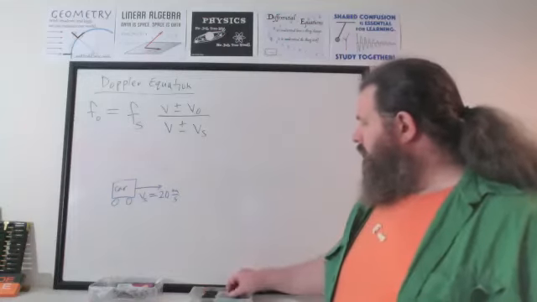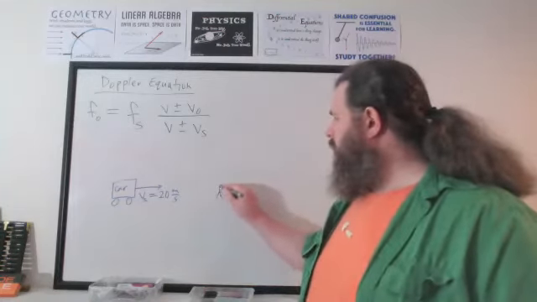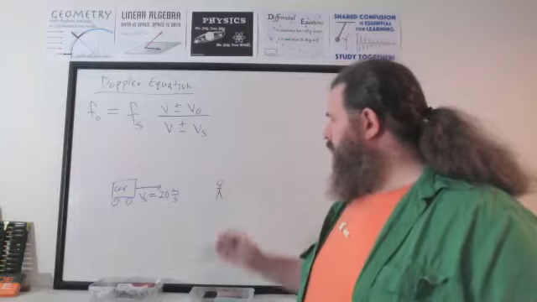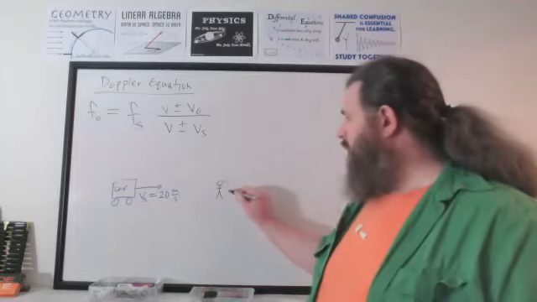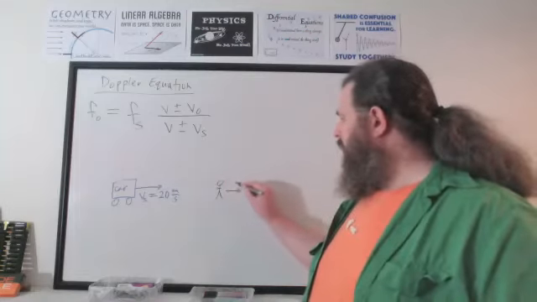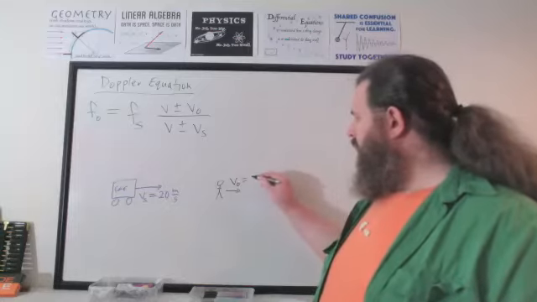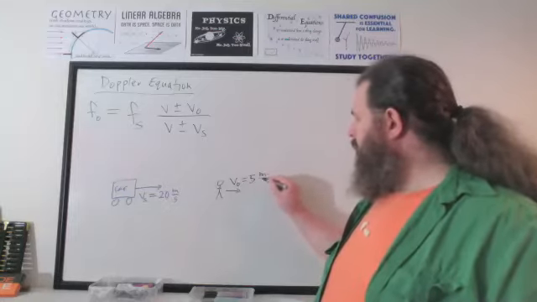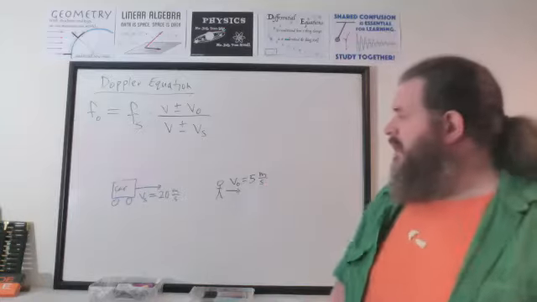And let's say you are standing on the sidewalk nearby and walking the other direction, away from the car, at, let's say, V observer equals 5 meters per second. I guess maybe more running if it's 5 meters per second.